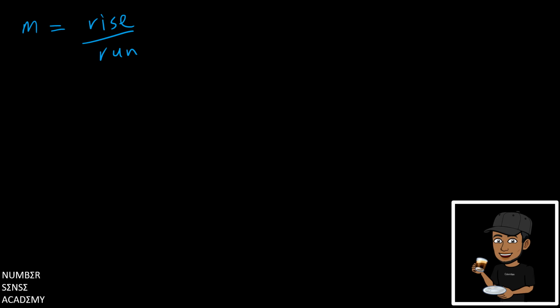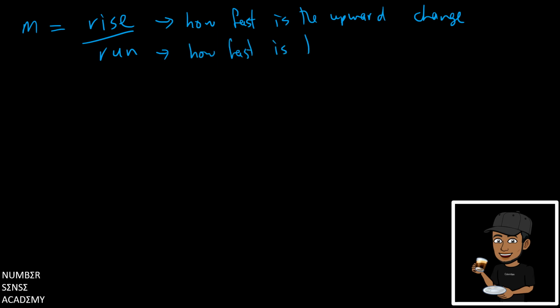So this tells me how fast is the upward change. All right? And then the run tells me how fast is the horizontal change. How fast is the upward change versus how fast is the horizontal change?